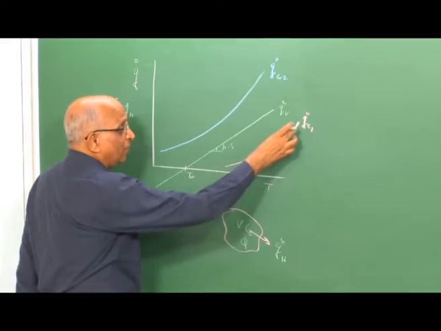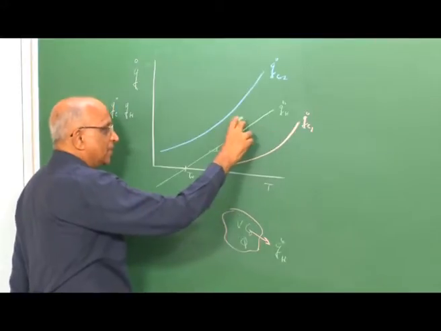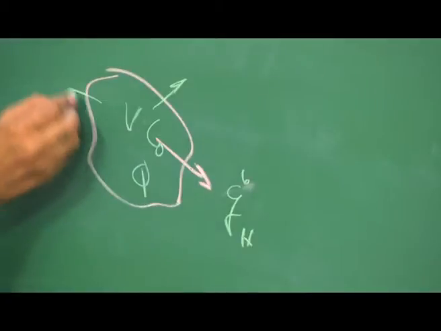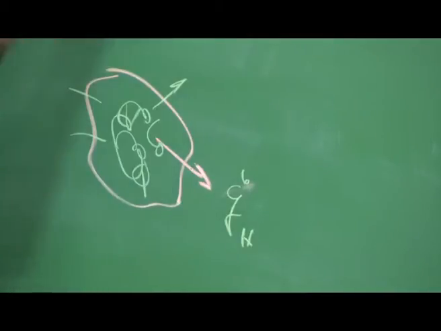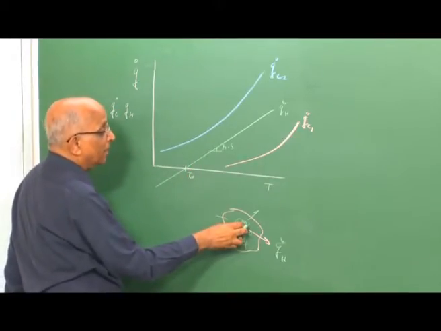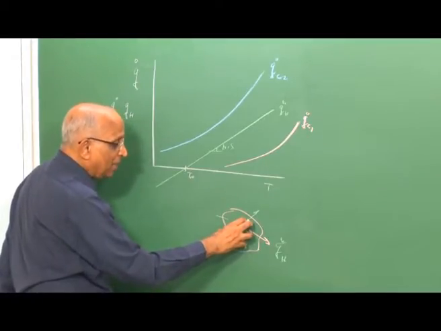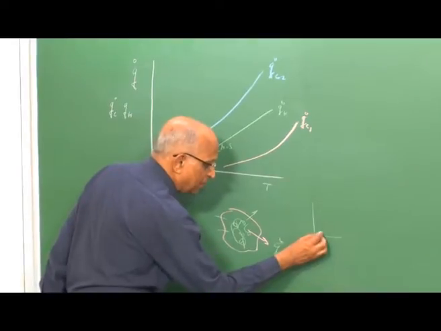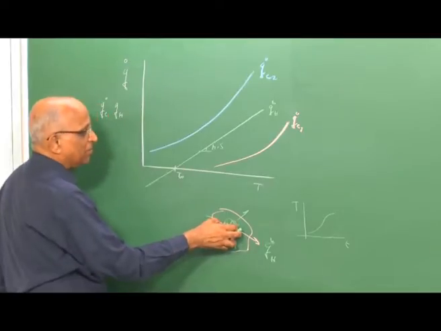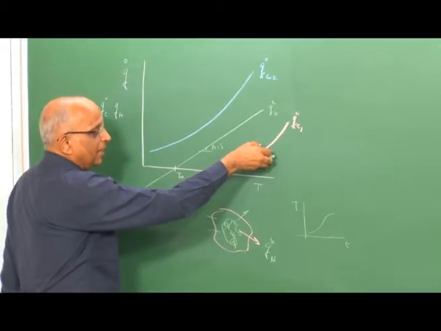Over the range of temperatures of interest, the energy released by chemical reactions is less than the heat which is transferred out. That means the loss is more, whereas the heat which is getting generated is less, and therefore the temperature is going to fall further. This particular volume which contains the gas can never really progress in temperature. The temperature with respect to time can never really increase, it just keeps falling, and therefore this particular volume of the explosive cannot really explode.